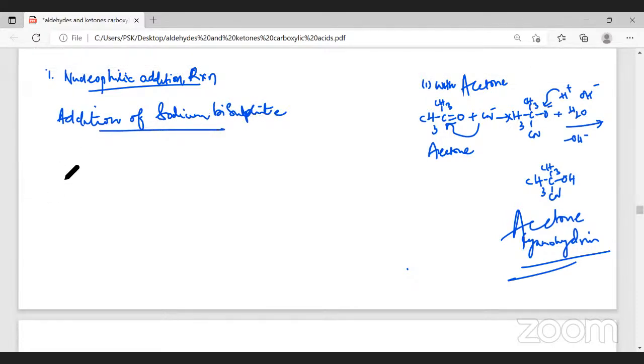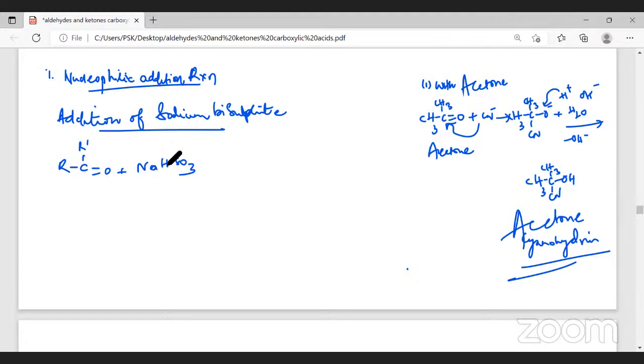Aldehydes and ketones in general, we can represent a carbonyl compound like this, R, R dash double bond CO. When this is allowed to react with sodium bisulfite, NaHSO3. Sodium bisulfite is NaHSO3.